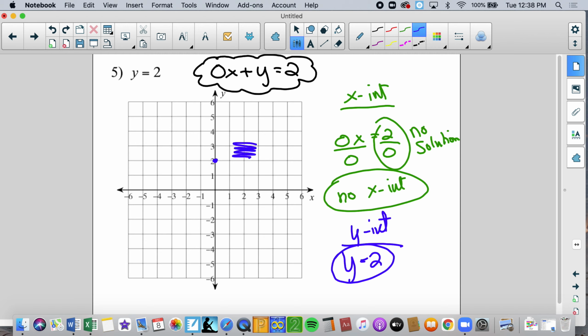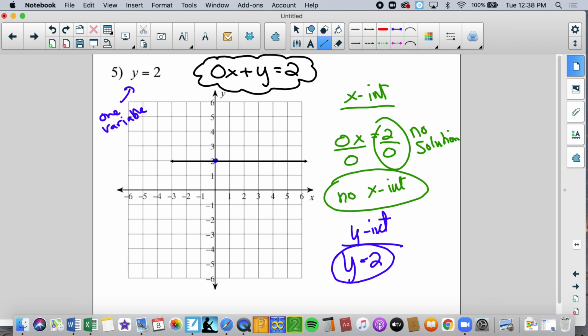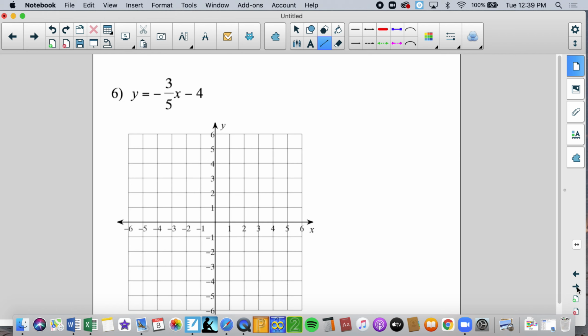And then what we notice here is, hey, there's only one variable. And when there's one variable, that means it's either horizontal or vertical. And we need to know that this is going to be a horizontal line crossing the y-axis. So that would be the graph of that equation. And it still sticks to it. So we see that it still holds true with the technique that we're using.